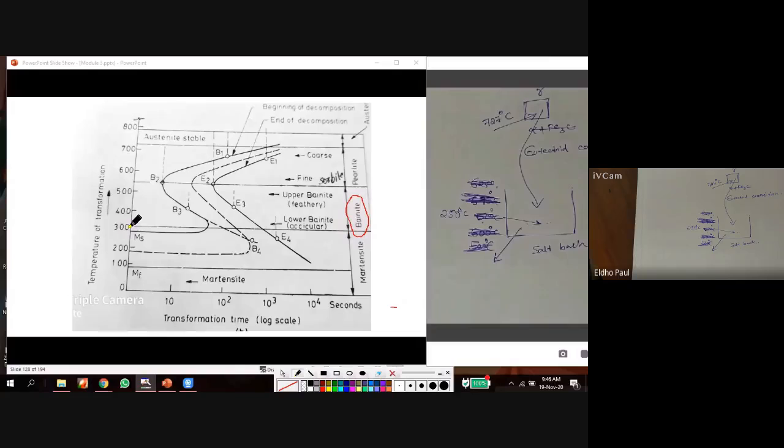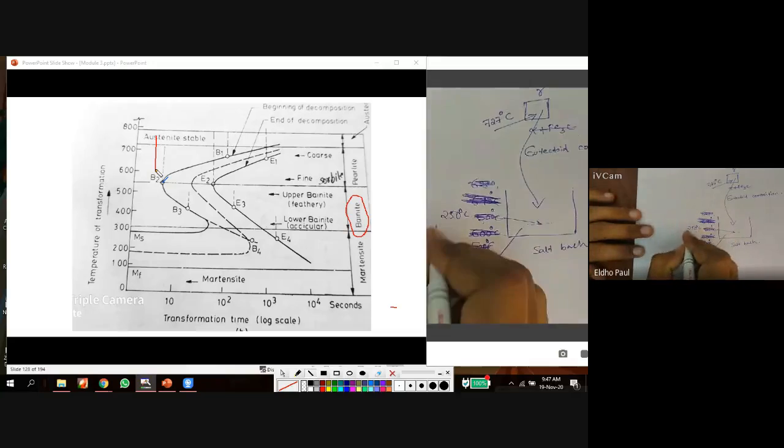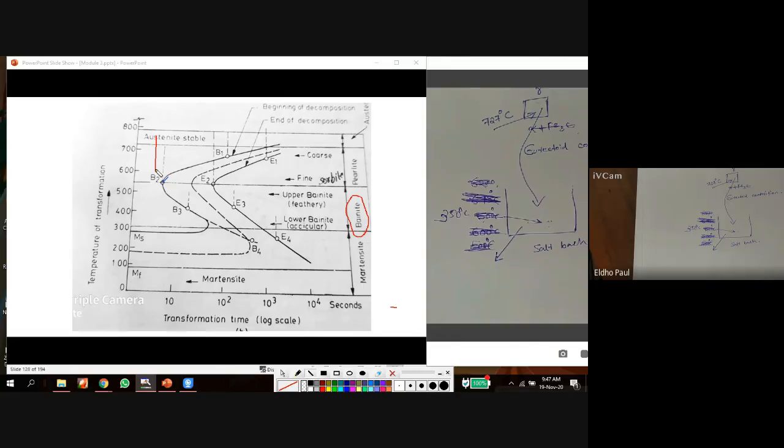I will draw the corresponding transformation. Initially it was in the austenite condition.